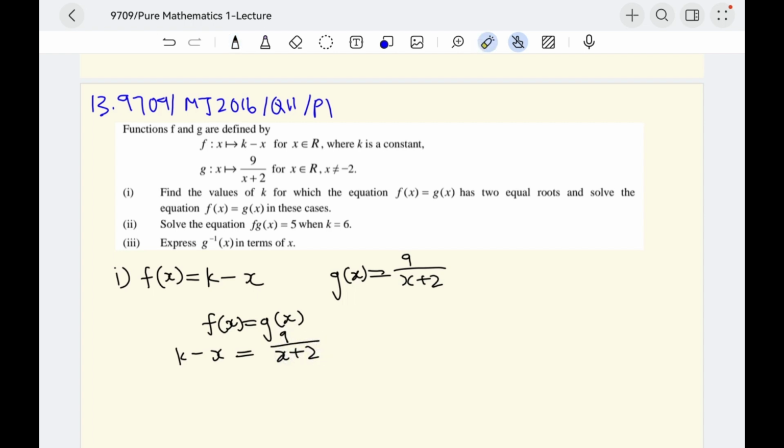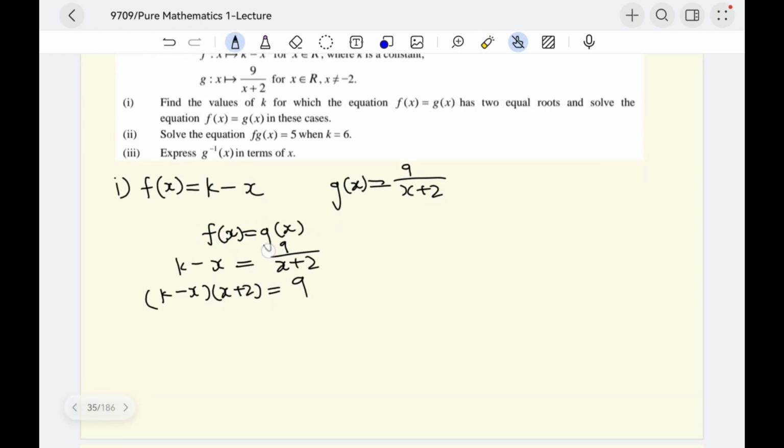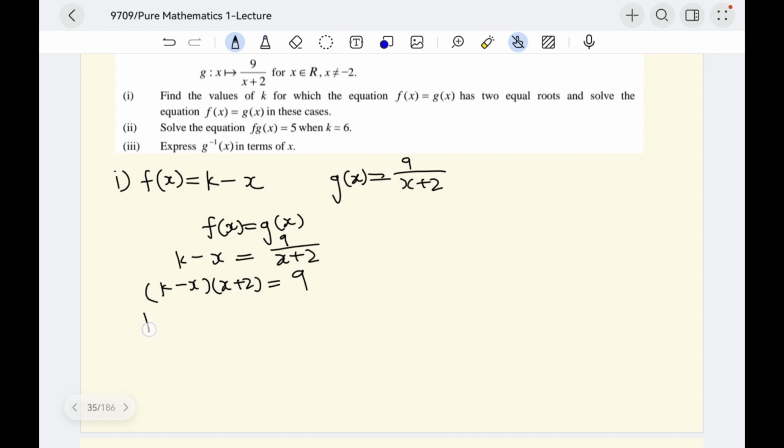Next, multiply the term x plus 2 at both sides of the equation. So what will you spot? You will spot that you can form a quadratic equation. Next, expand and simplify it.